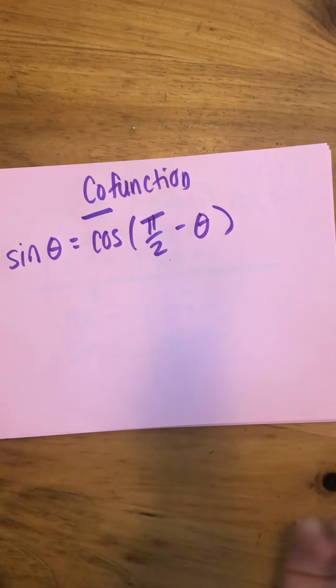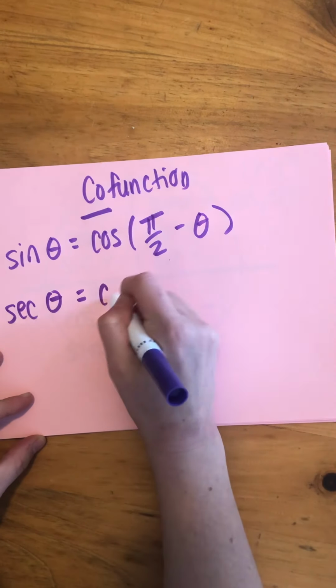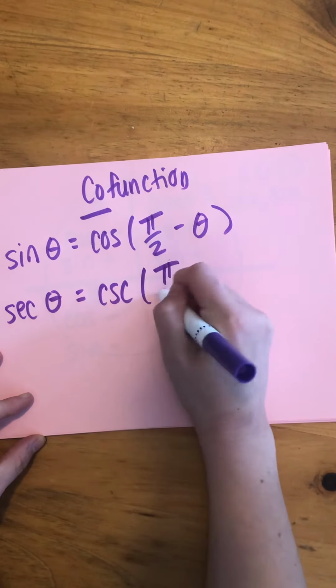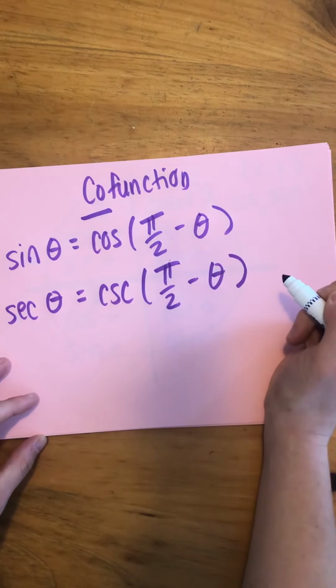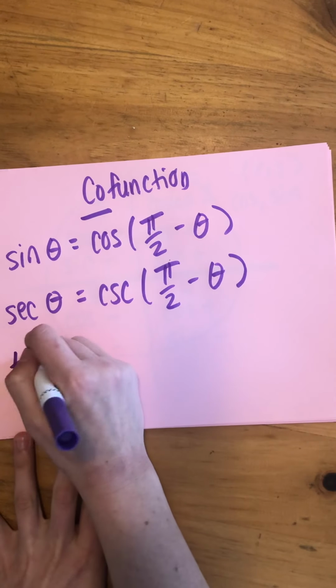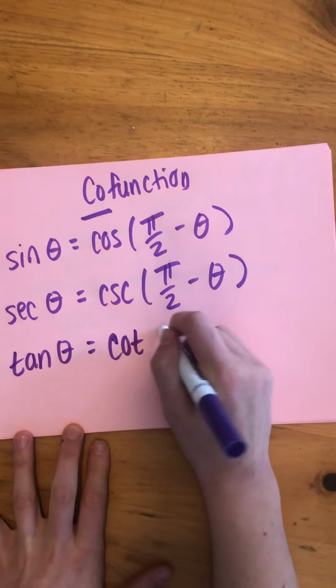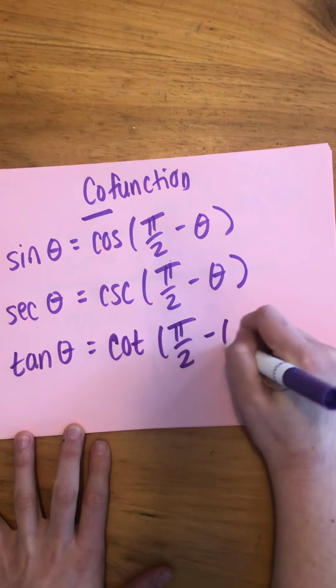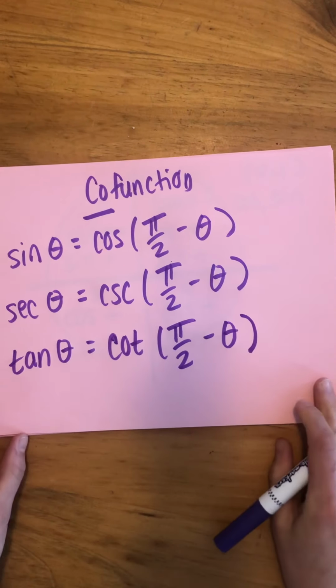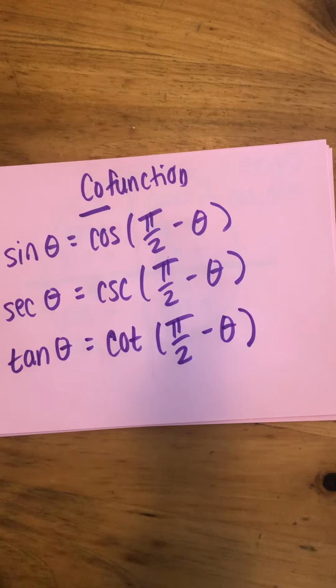Sine and cosine, cofunctions. Secant of theta is equal to cosecant of pi over 2 minus theta. Secant and cosecant are cofunctions. And then tangent of theta is equal to cotangent of pi over 2 minus theta. Tangent, cotangent, cofunctions. So those are some other really important things to look at.